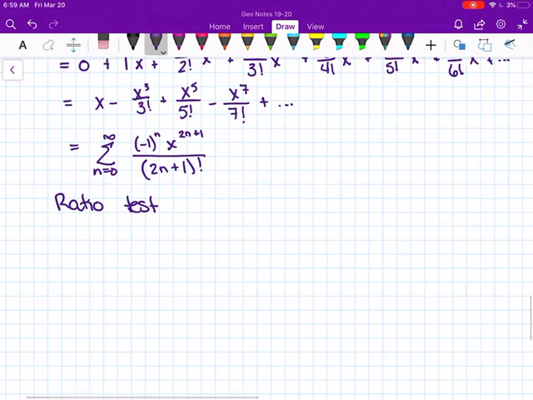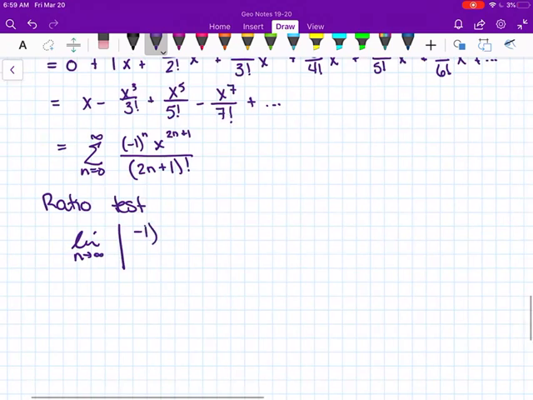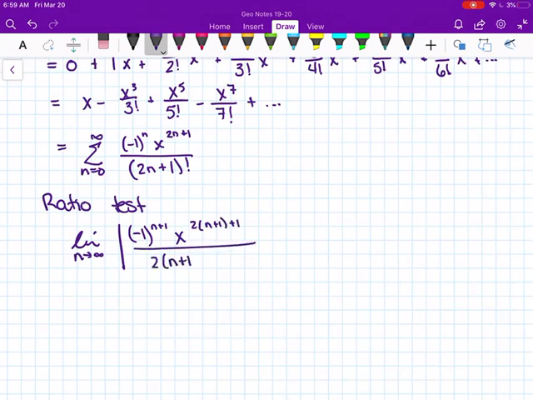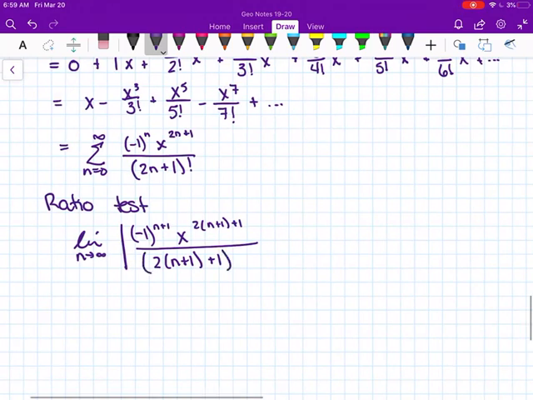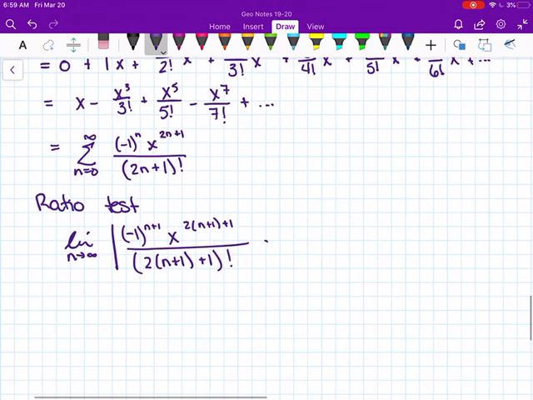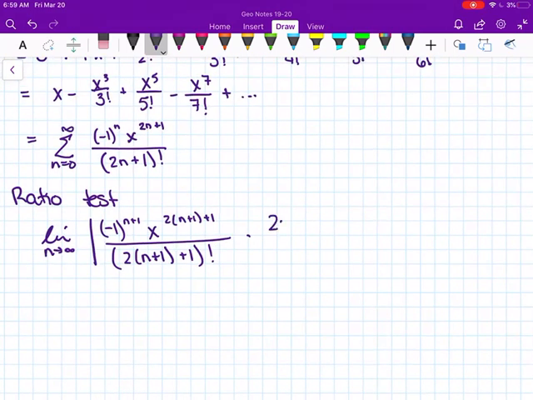So by the ratio test, I want to take the limit as n goes to infinity of negative 1 to the n plus 1 times x to the 2n plus 1 divided by 2n plus 1 factorial, times 2n plus 1 factorial divided by negative 1 to the n and x to the 2n plus 1. And I want that to be less than 1.